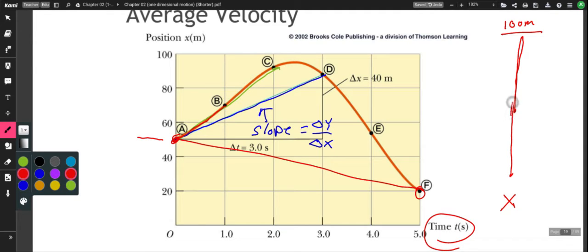So to understand where the object is at any given period of time, we graph the position at a given time. And so at about 2.5 seconds from the start, I am up at the top, very close to 100 meters.